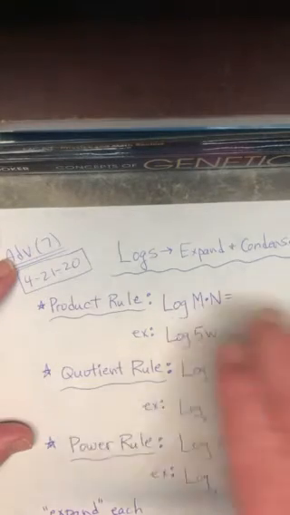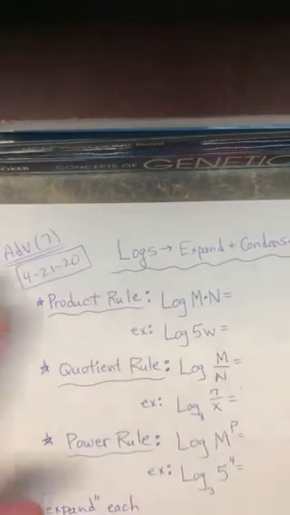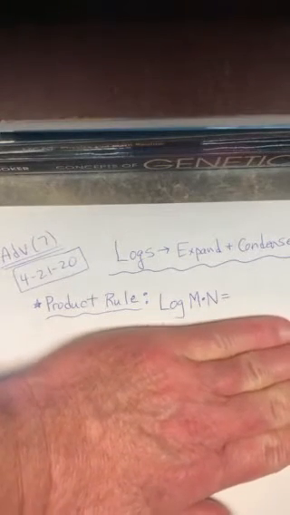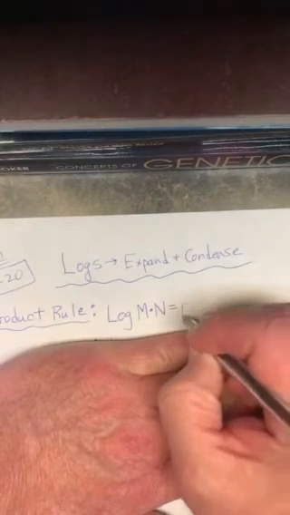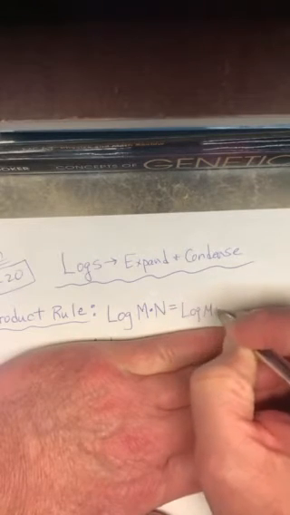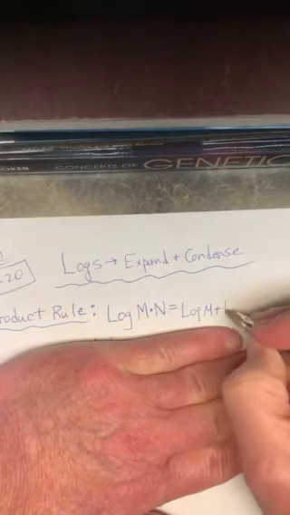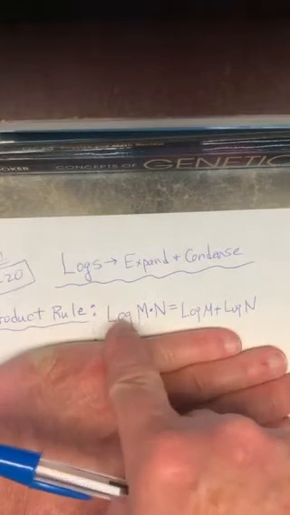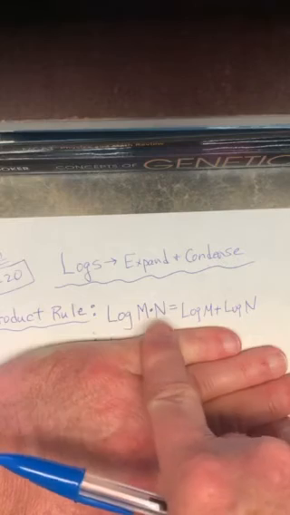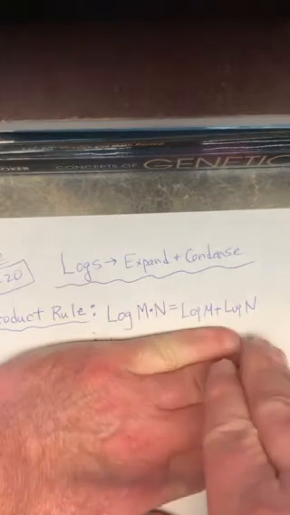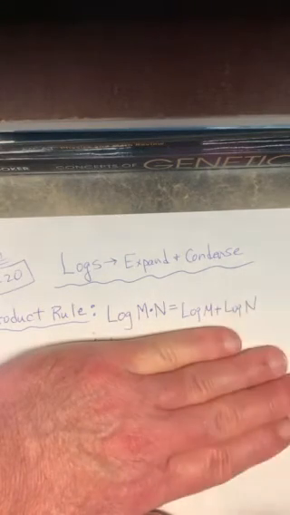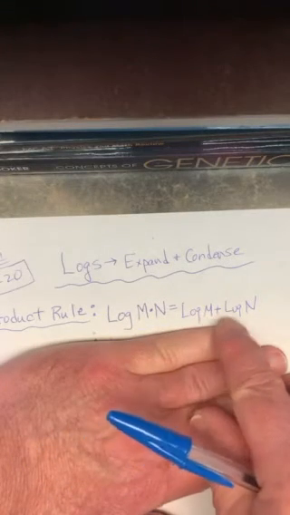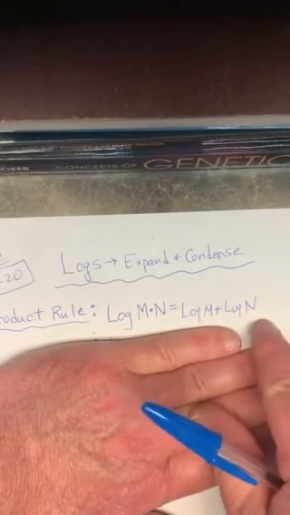Guess how you rewrite that, if it's to your advantage in solving a problem. The log of m times n would be the log of m plus the log of n. So the product rule says the log of a product, m times n, can be changed into the sum of the two logs. So the log of m times n equals the log of m plus the log of n.